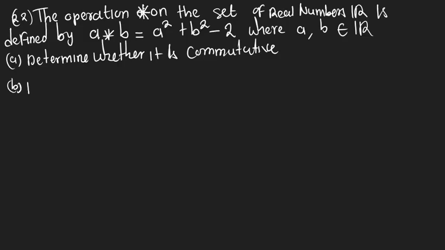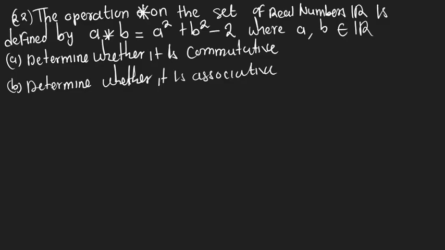Then B, we also determine whether it is associative. Then C, the question was saying we find 3 star 2 star 5.